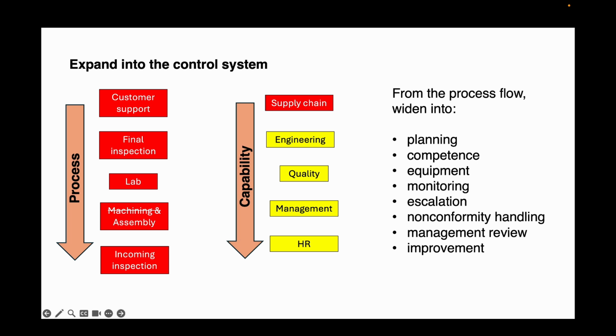So this is where the audit becomes more than tracing a product or a complaint. It becomes an audit of whether the system is actually capable of producing that result consistently. Remember lesson 1, the audit objective, that capability. So the route begins with the effect, walks backward through the process, and then expands into the controls that are supposed to make that effect reliable.